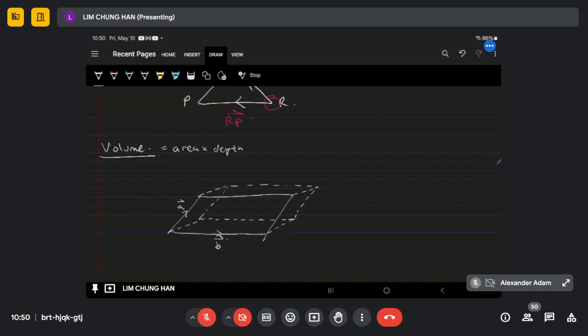If there's a volume, then that means you need another dimension, another vector, vector C. So how do you look for the volume of this parallelogram?